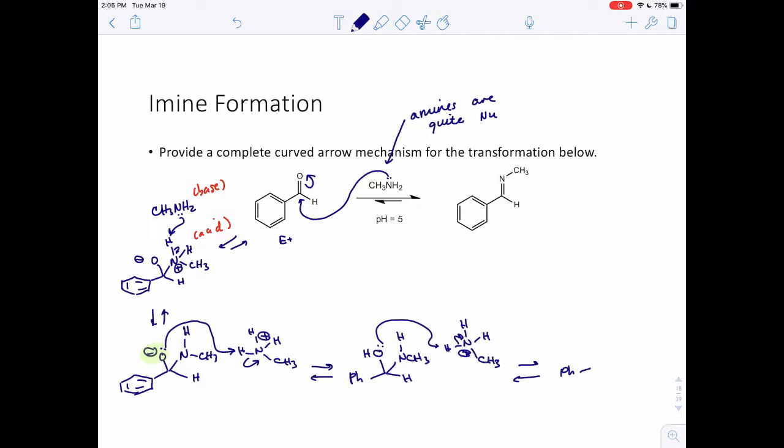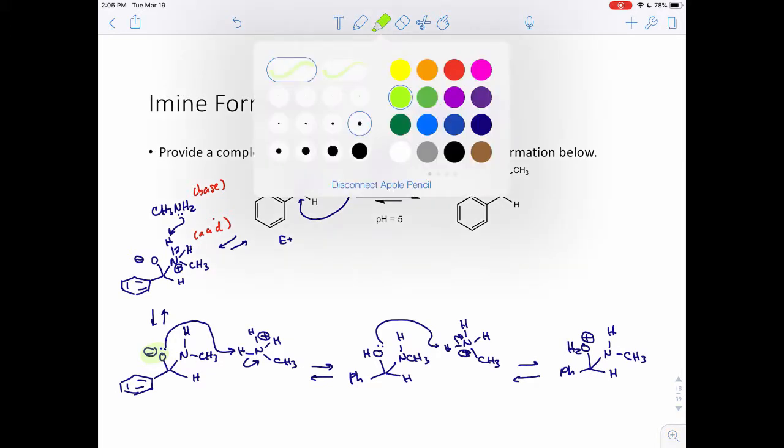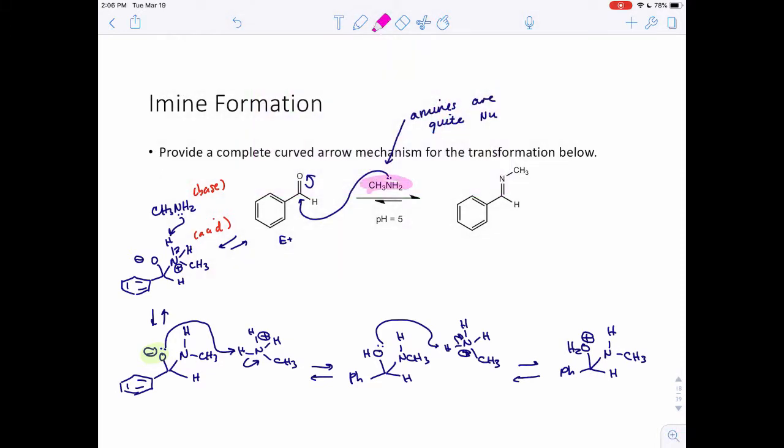It needs to be acidic enough to protonate this oxygen, but not so acidic that all of your amine is protonated, right? I mean, amines are basic. So it needs to be acidic enough to where you do make water, you do make that leaving group, but you still have some unprotonated amine to act as a nucleophile on this first step, and it's a delicate balance.